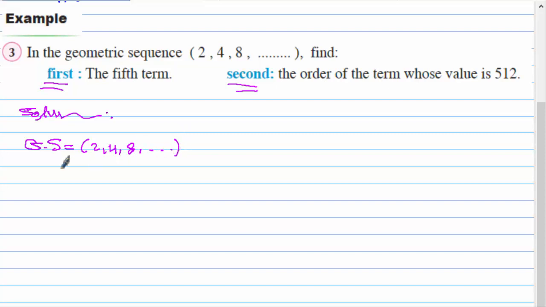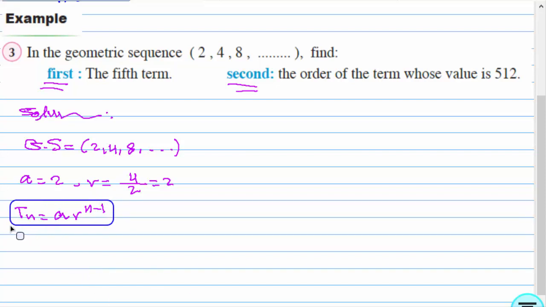Now A equals 2 and R equals 4 divided by 2, which equals 2. And we must write Tn equals AR power n minus 1. You must memorize this form for the general term.